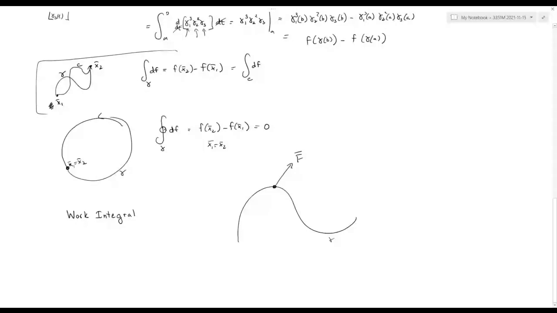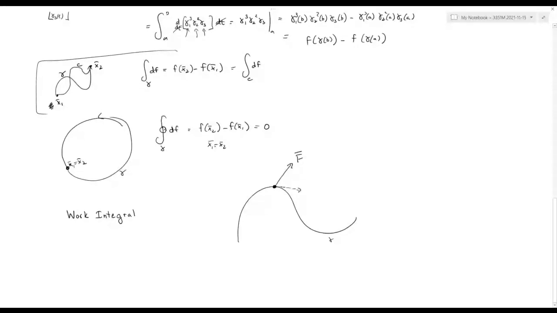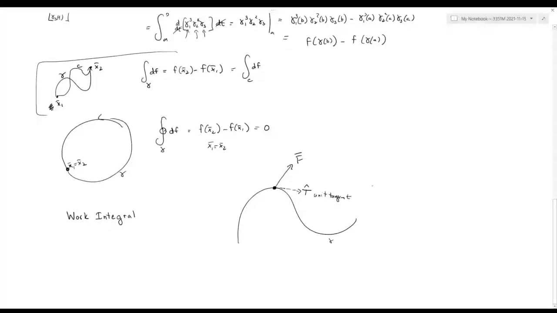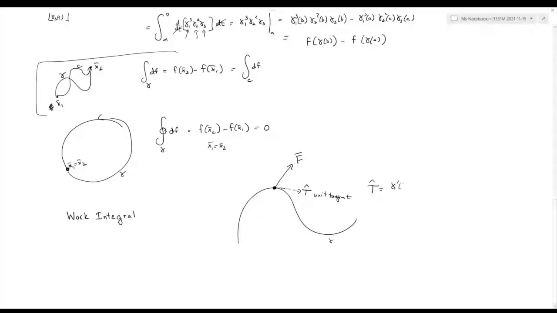This is more like physics, right? But the only component of the force that will do any work is the one that's tangent to the path. So we have a unit tangent here. In terms of a parametrization, the unit tangent can always be given by gamma prime, the velocity, if you will.